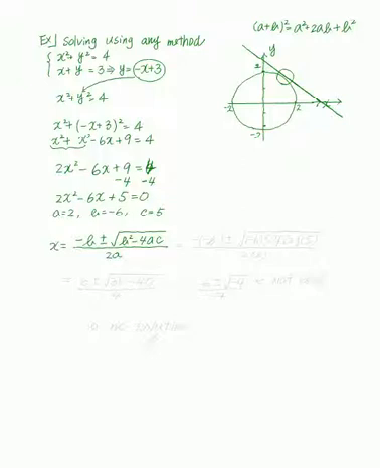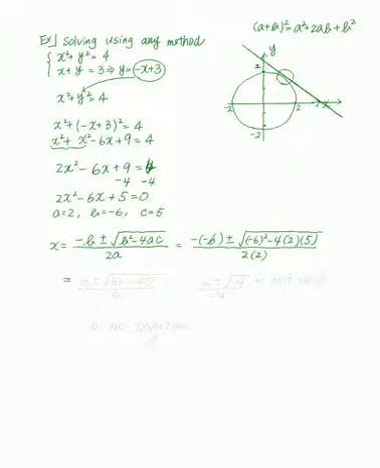Plugging my numbers in, negative negative 6, be extra careful with that b. Double negative going on there. Plus or minus the square root of negative 6 squared minus 4 times 2 times 5. All of that over 2 times 2.